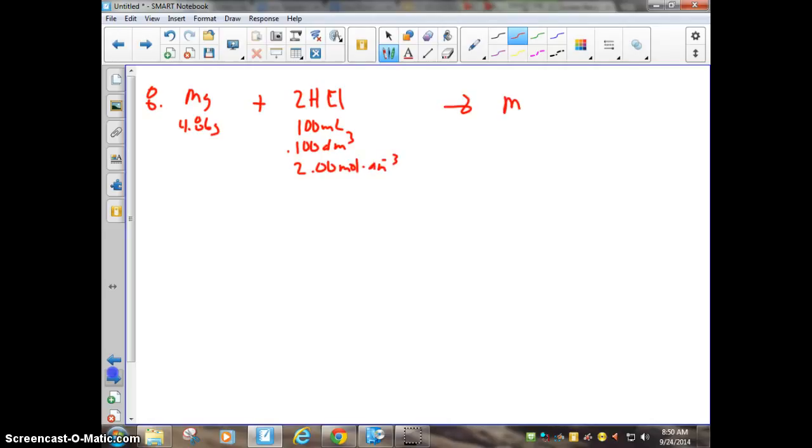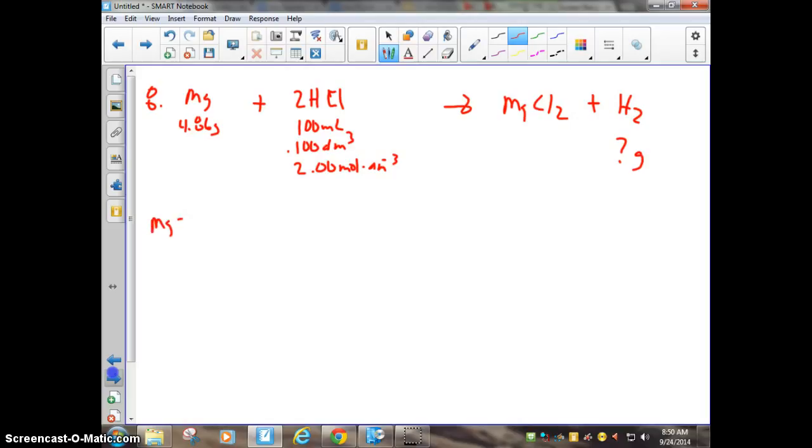That's going to yield MgCl2 and H2, and we're being asked to come up with the amount of H2. By amount, I actually mean the grams, I believe. Yes, we want this in grams. So to complete this, I need to find out my limiting reactant first.